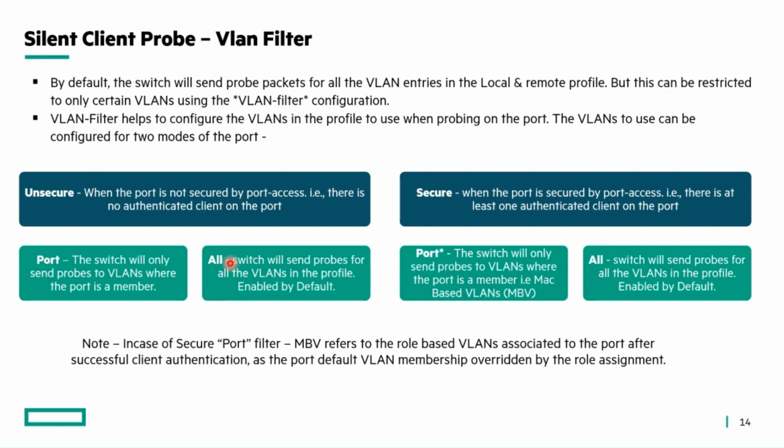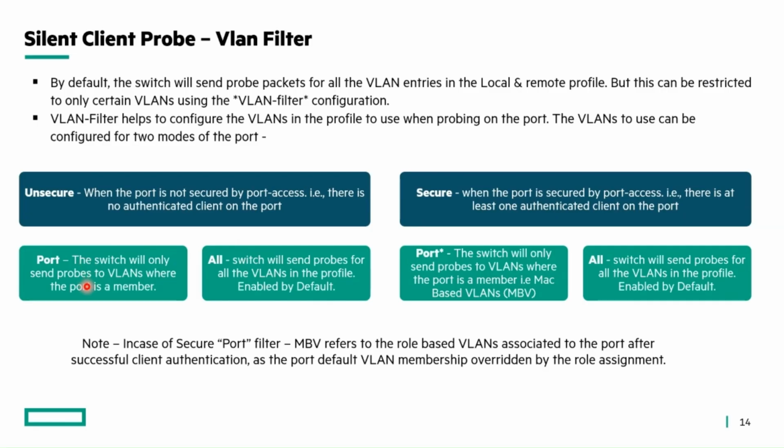All means when you set the VLAN filter as unsecure all, when there is no client onboarded on that particular port, then whatever VLANs are present in the probe profile, be it local or remote probe profile, the probe packets will be sent on all those VLANs. That is the use case of the all option.